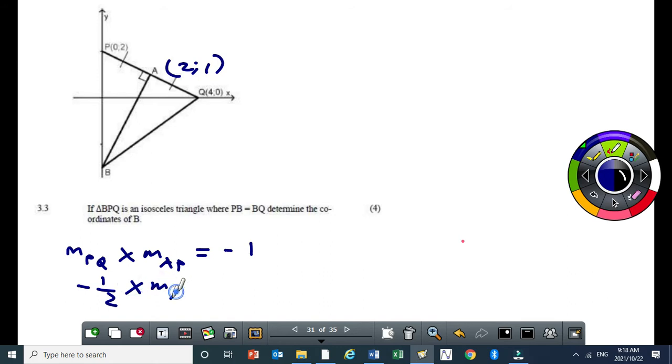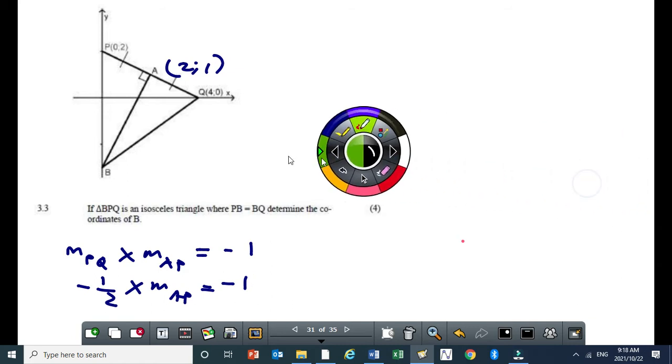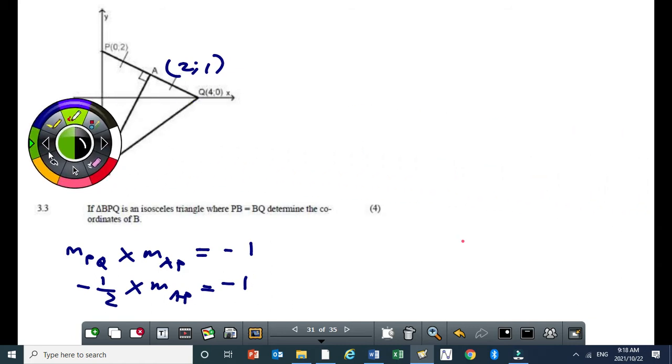So the gradient of AP, okay, remember I told you this, I think I need to emphasize it, since we are getting closer to the end of this topic. Whenever two lines are perpendicular, one of them will always have a negative gradient, the other will always have a positive gradient. And if one of them has a gradient which is a fraction like this, the other one's gradient must be an integer.